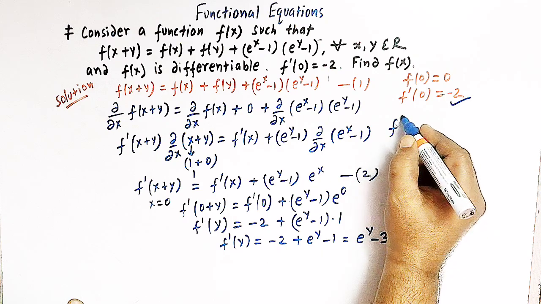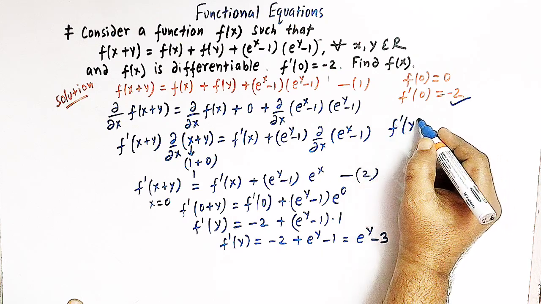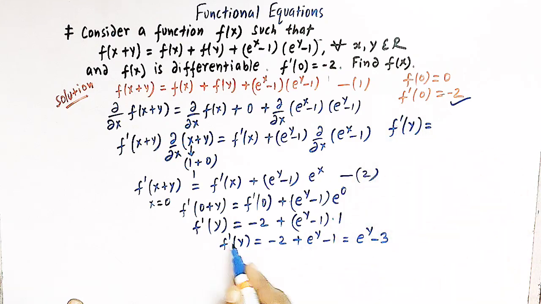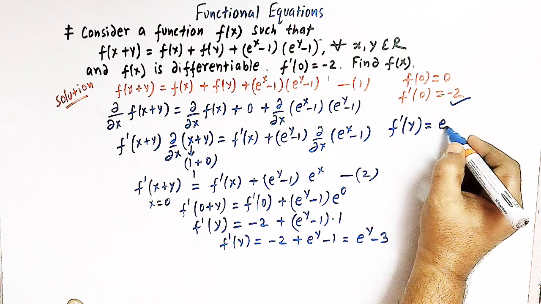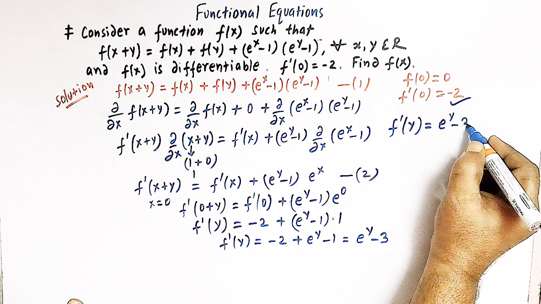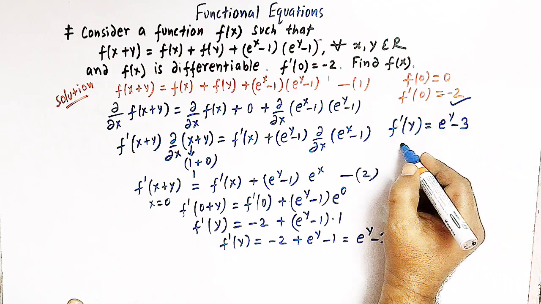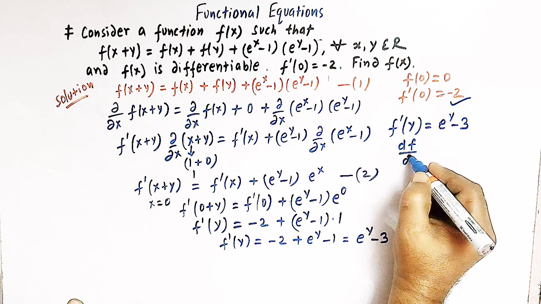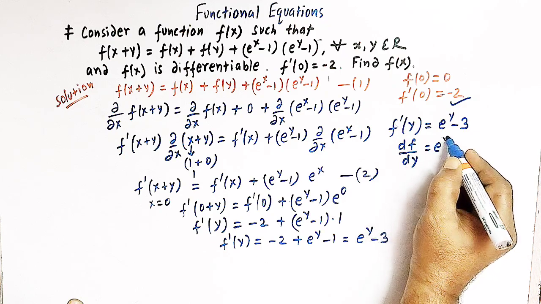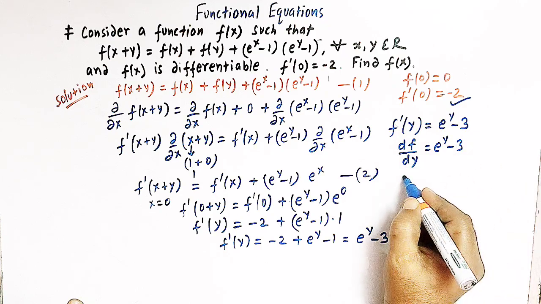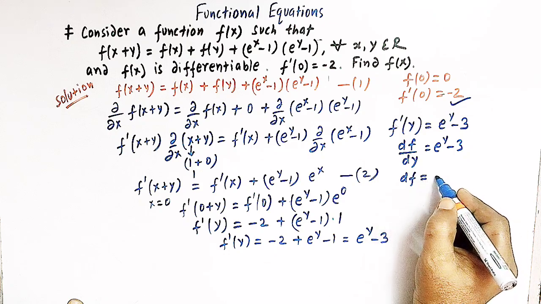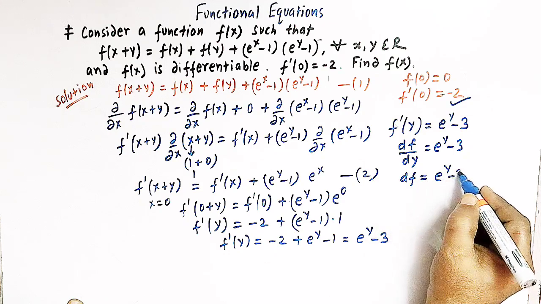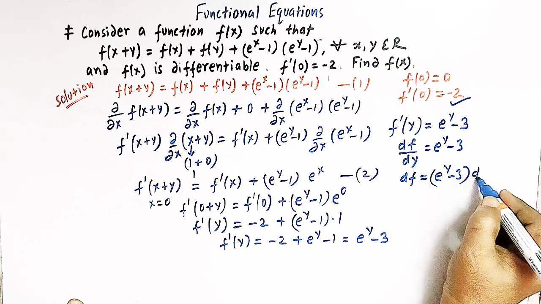So now we have this important differential equation, that is f prime of y is equal to e raised to y minus 3. This can be written as df over dy is equal to e raised to y minus 3. We can now write df is equal to (e raised to y minus 3) dy.